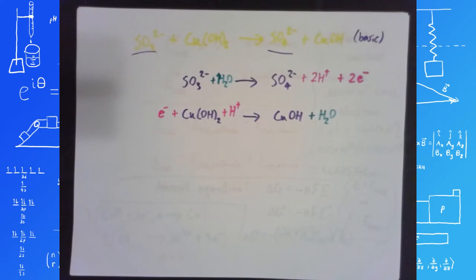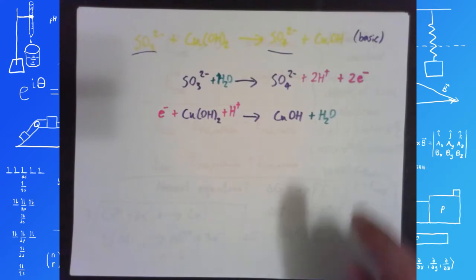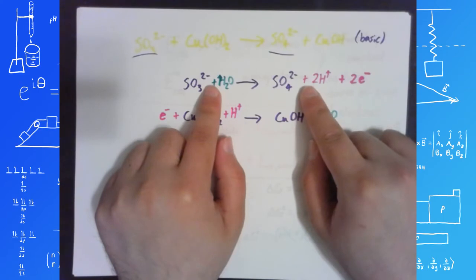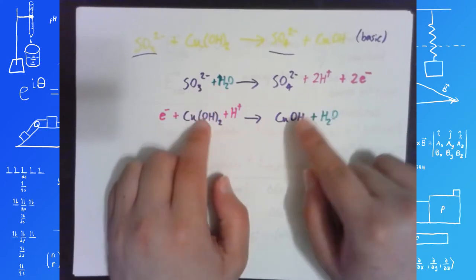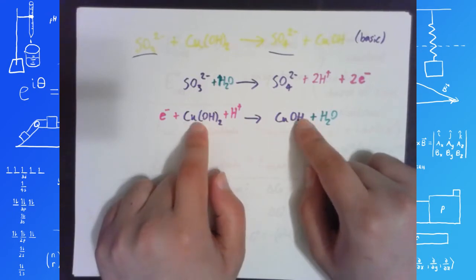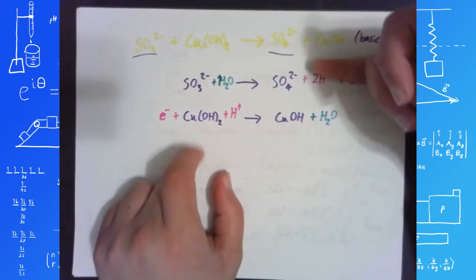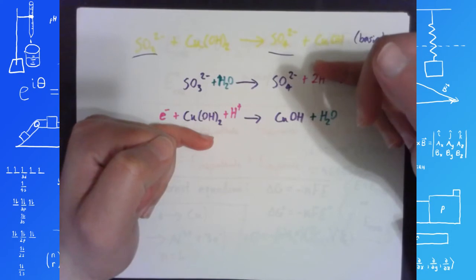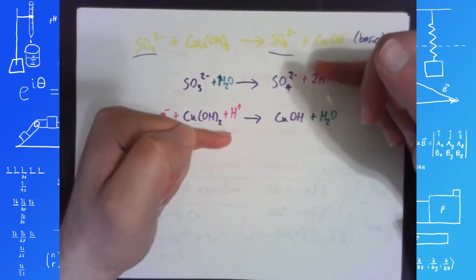And in case you've forgotten from video number 4, it doesn't matter that the charges on the left and right of the first half reaction are -2s, while on the left and right of the second half reaction they're 0s. They don't have to match with each other. I don't have to bring the -2 up to a 0 or the 0 down to a -2.